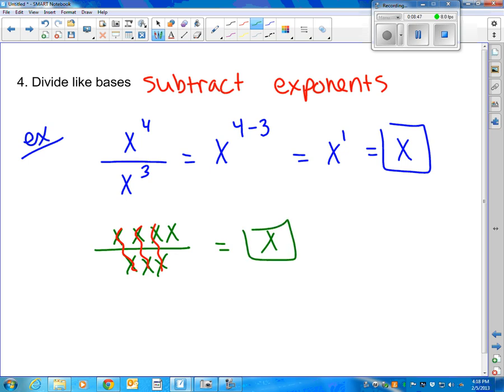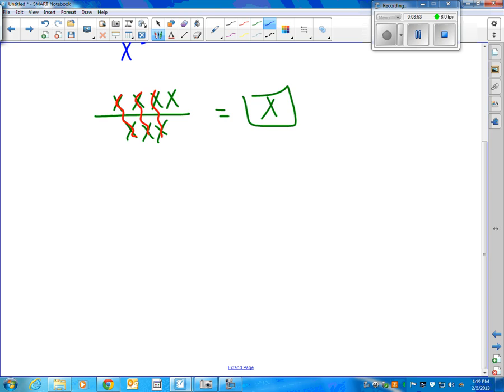Okay, let's do one more example for subtraction. What if I had b squared over b to the 5th? I have 5 b's on the bottom and 2 b's on top. Right?